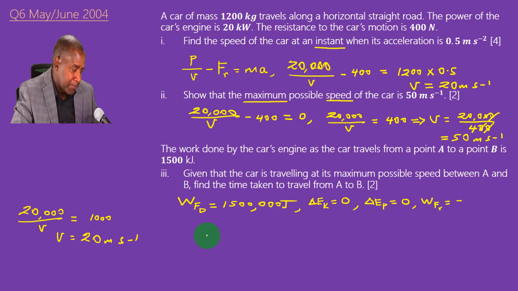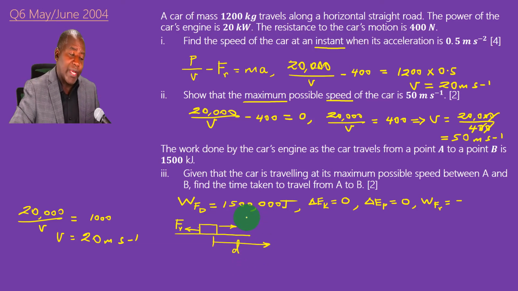Here it's important for me to outline this once again. Here is the object. It's moving in this direction. Resistance is acting in this direction, and it covers a certain distance d in this direction.